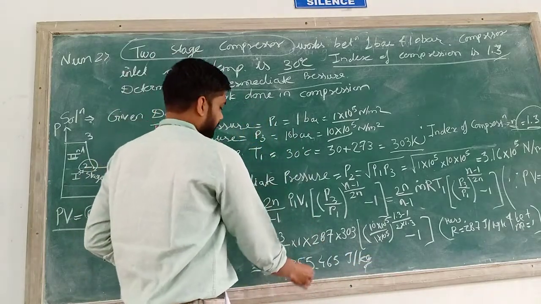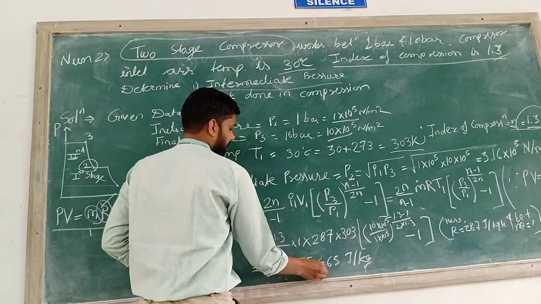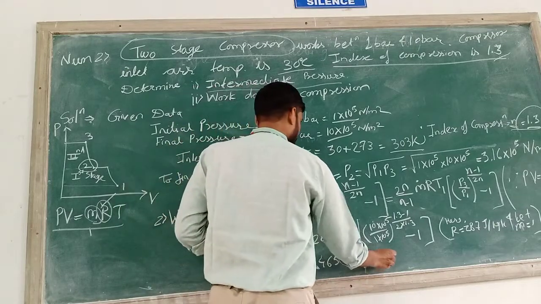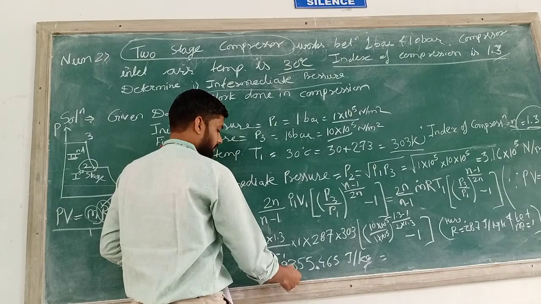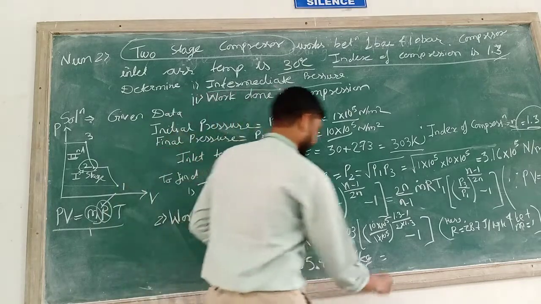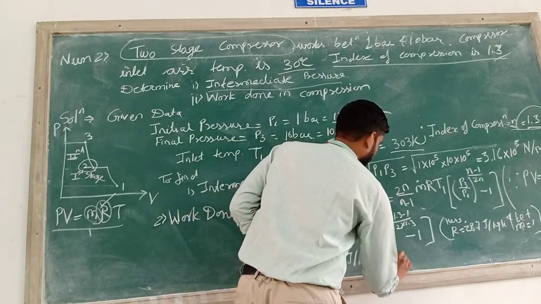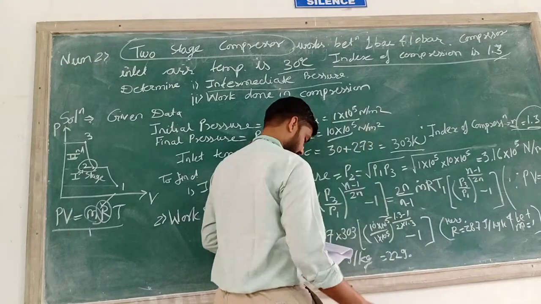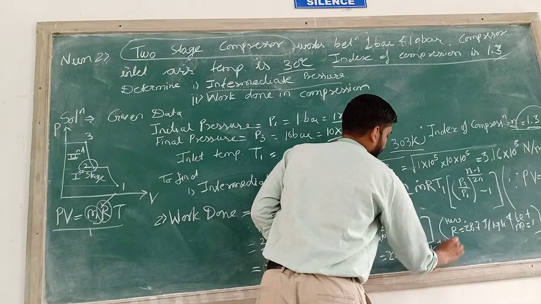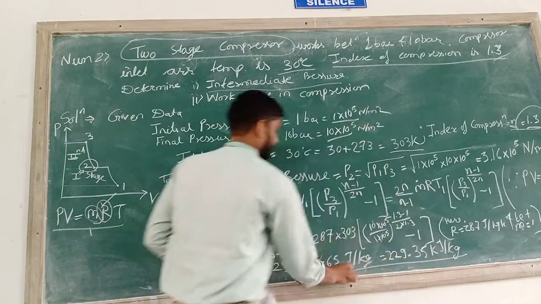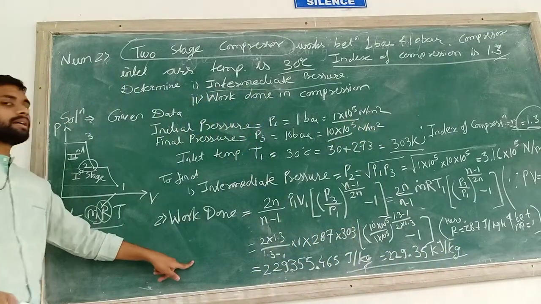We can write this in kilojoule per kg by shifting the decimal point three digits to the left, so it becomes 229.35 kilojoule per kg. So here our numerical ends.